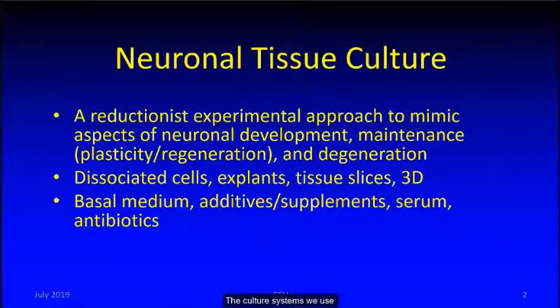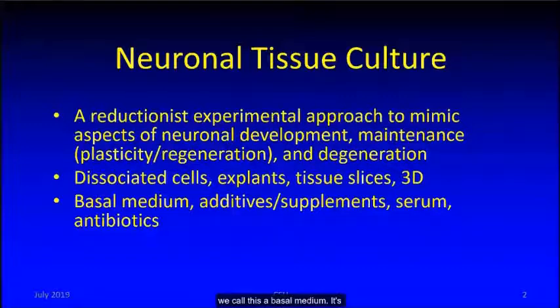The culture systems we use can be dissociated cells, explants, so you literally just rip a piece of tissue out and put it in a dish and hope it survives. You can make tissue slices, and then a little bit newer is a 3-dimensional way of culturing cells. When you culture the cells, in essence, you use a particular condition.